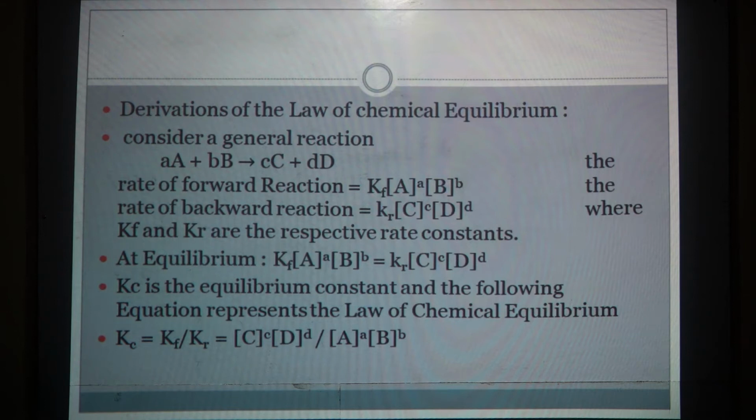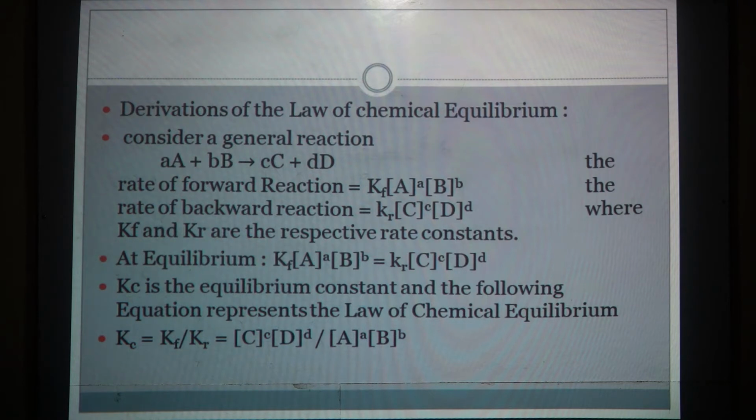Now, derivation of the law of chemical equilibrium. Consider a general reaction in which aA plus bB combine together and the products are cC and dD. The rate of forward reaction is Kf [A]^a [B]^b.